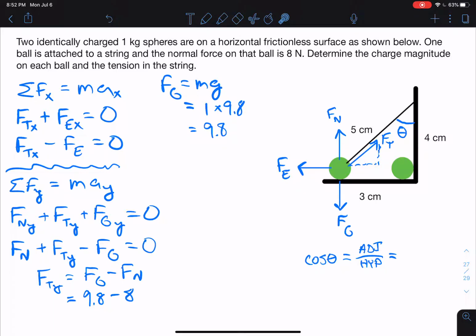This angle here is of course theta, just like I have there. So that means that what I'm going to have for my adjacent side is F_ty over F_t. And I know the adjacent and the hypotenuse. The adjacent is 4. That's for this side here. My hypotenuse is 5.